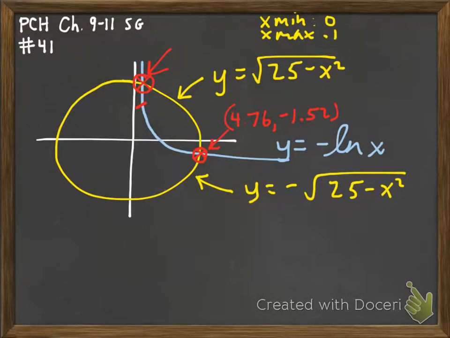The y min would be like 4, and the y max, let that be 5.1. That should give you a good view of that intersection. And I'm going to go ahead and erase that stuff that I just wrote. Let me get a bigger eraser here. You can rewind it if you need to get those back.